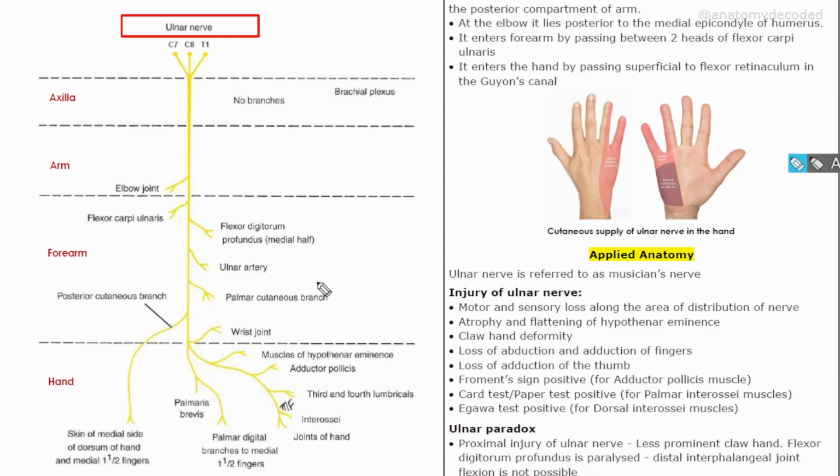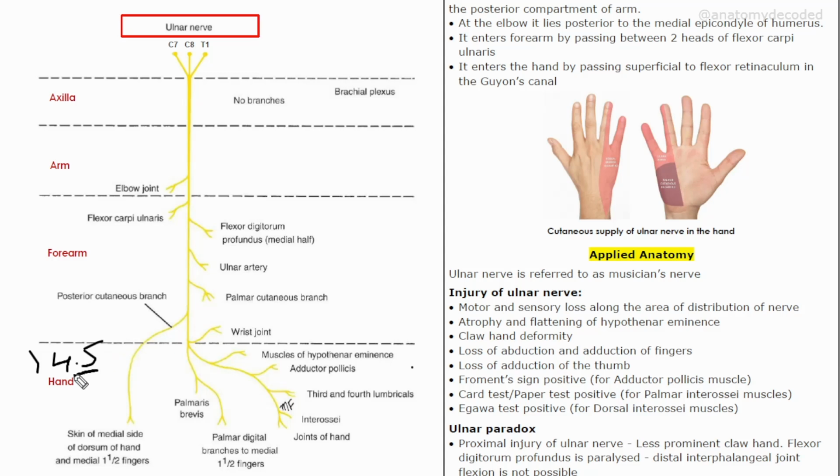So how to remember the nerve supply of the ulnar nerve in the hand? For that, we can remember the 4.5 muscles which are supplied by the median nerve, and the remaining muscles will be supplied by the ulnar nerve. There are groups of muscles: the thenar group, the hypothenar group, the lumbricals, the palmar interossei, and the dorsal interossei.